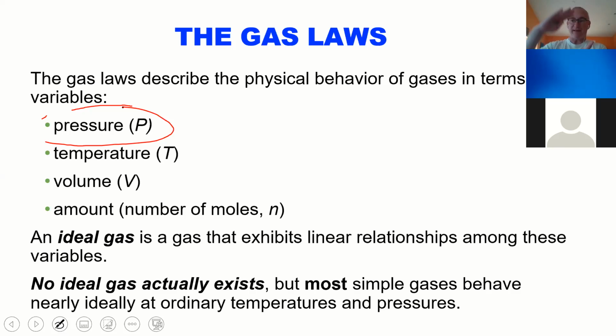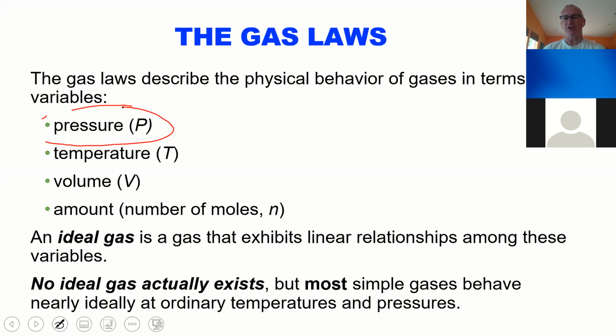And if we change the volume, if we squish it down to half the volume that it was before, again, now we have twice as many molecules per unit volume, twice as many collisions with the sides of the container, and so our pressure is going to go up. So that's just basically how we resolve kinetic, meaning movement.